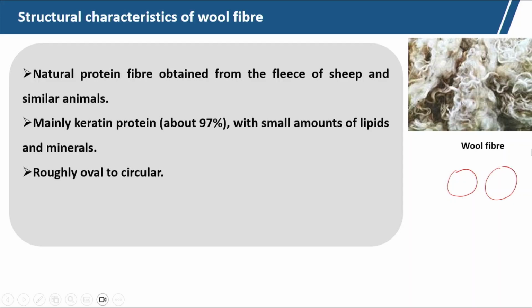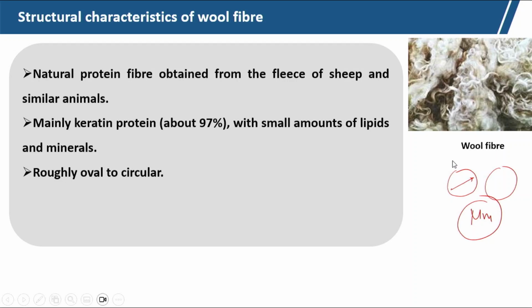That is why wool is the natural fiber whose fineness is expressed in terms of micron. This is the only natural fiber where we express its fineness in terms of micron diameter. Okay.